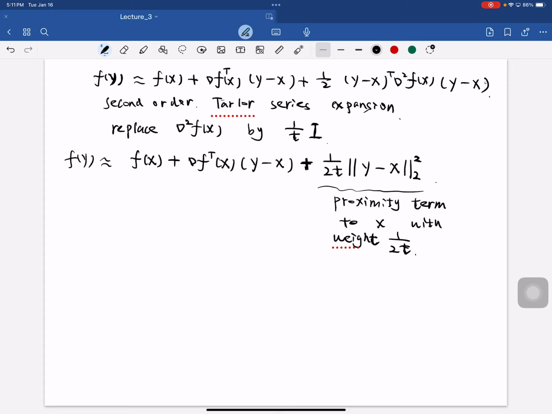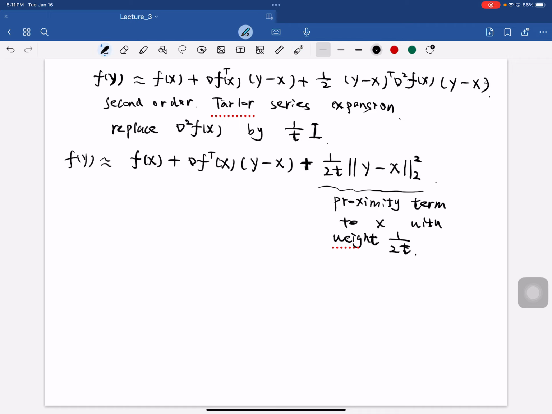Okay. So as you can see, the way we construct this approximation is that we do have the first order approximation, but on the other hand, if y deviates too much from x, we give it a quadratic penalty. That's a way to think about this problem.